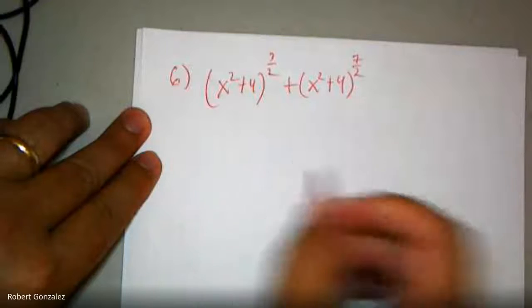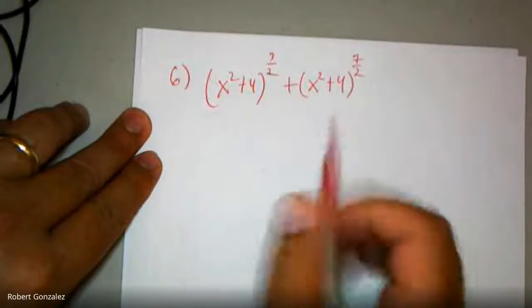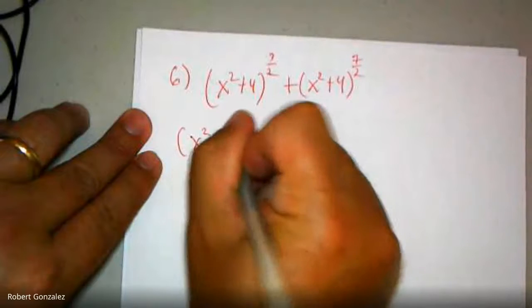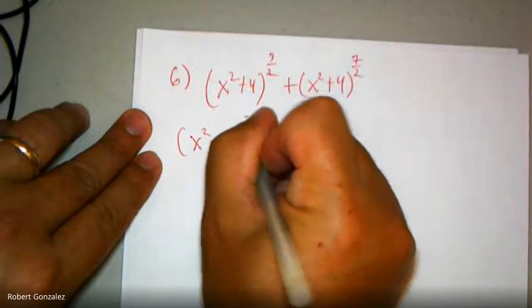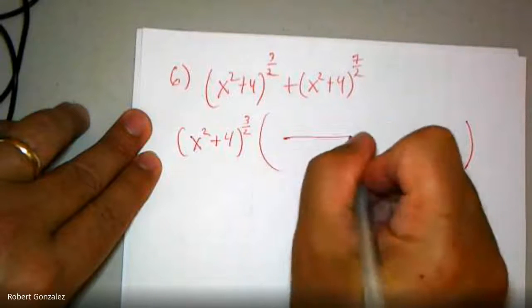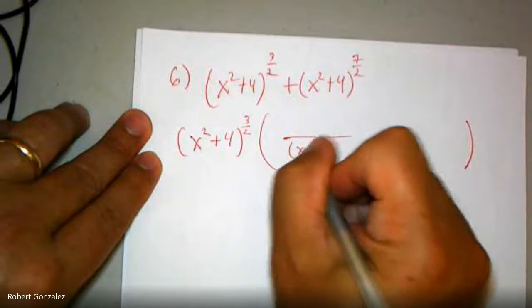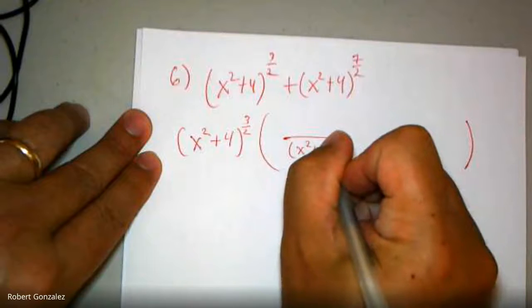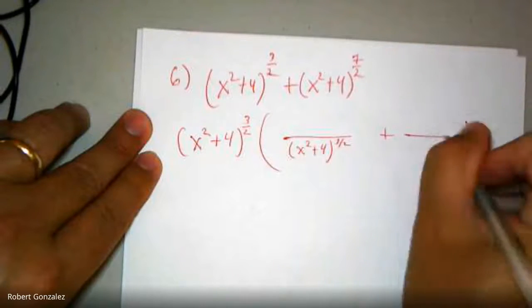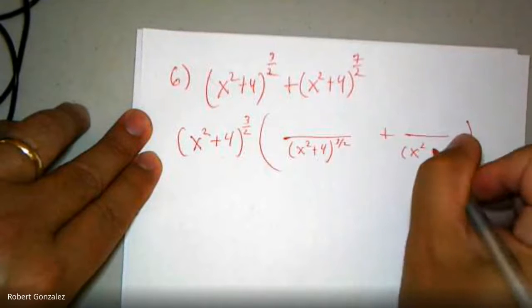So the quantity of x squared plus 4 to the 3 halves and so forth. My lowest power is 3 halves, so that's what I'm going to pull out. I'm going to factor that out. And what I've been telling you is on the inside, on the bottom, we put what we factored out. And on top, you put the problem.